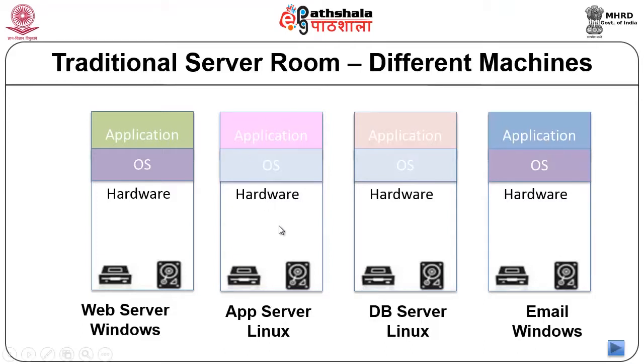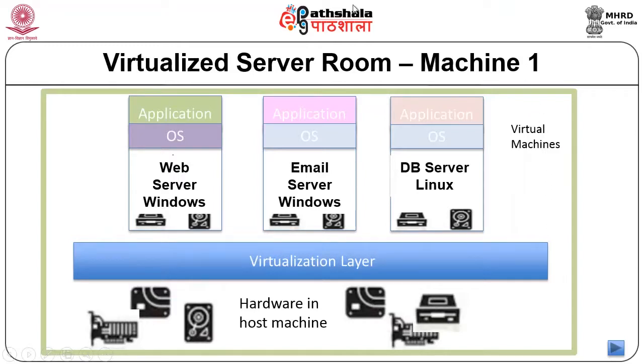So now I can have one machine, say machine 1, with the hardware, the virtualization layer, and then I run 3 of these applications along with their corresponding required operating system and their virtual hardware. This set is called a virtual machine, and I am running 3 virtual machines which are running 2 different operating systems, Linux and Windows.